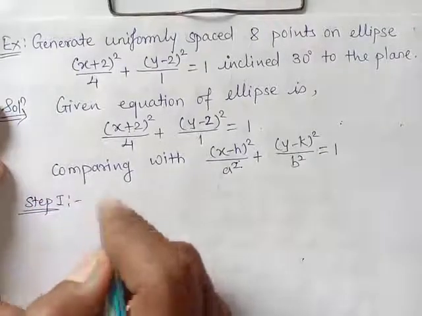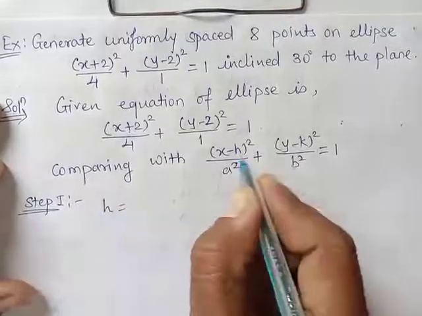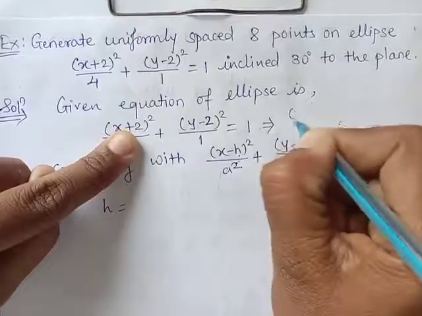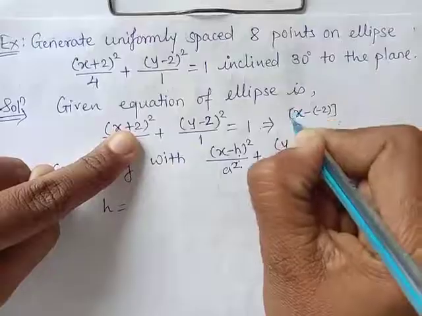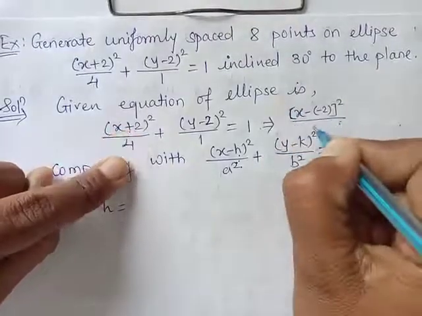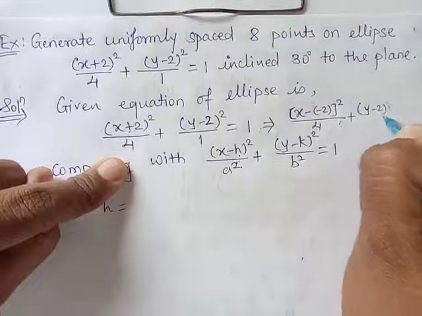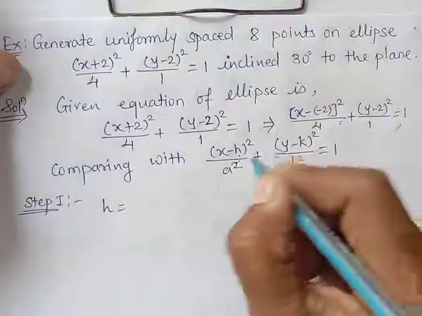If you compare, this can be written as (x minus of minus 2) square upon 4 plus (y minus 2) square by 1 equal to 1.